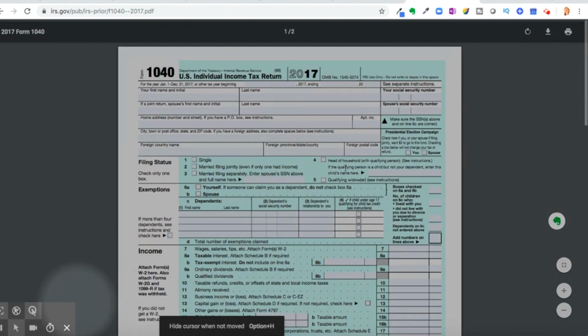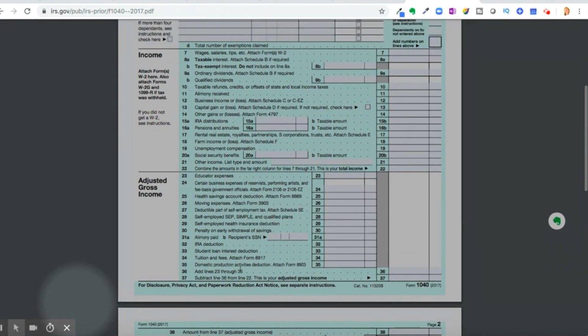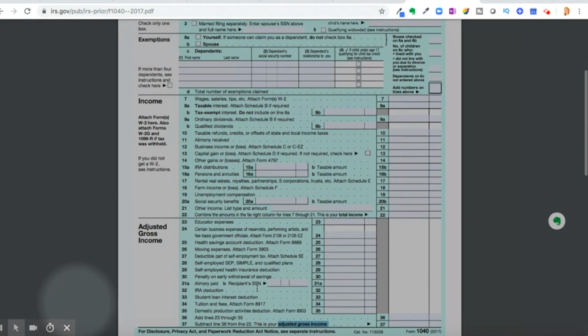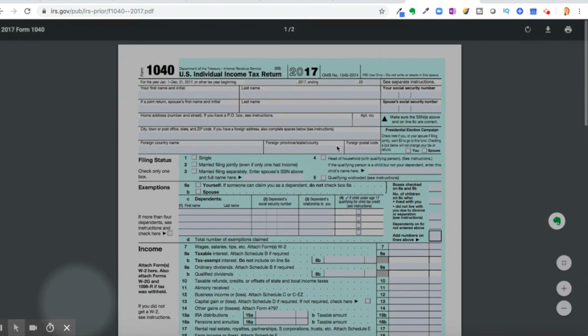So here you can see this is page 1 of the form. And this line down here, this is AGI. And so our above the line deductions were up here, and any amounts that decrease the income reported here. So you can see this is our personal information.